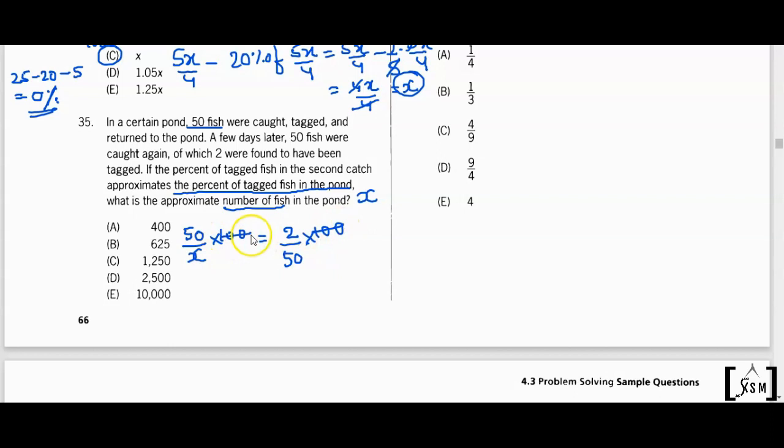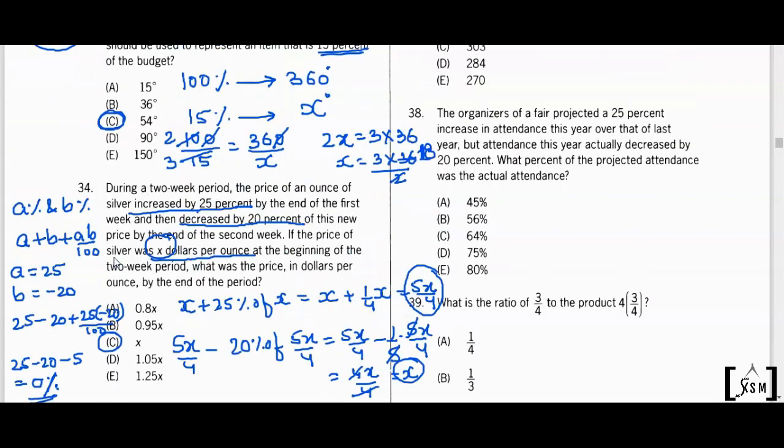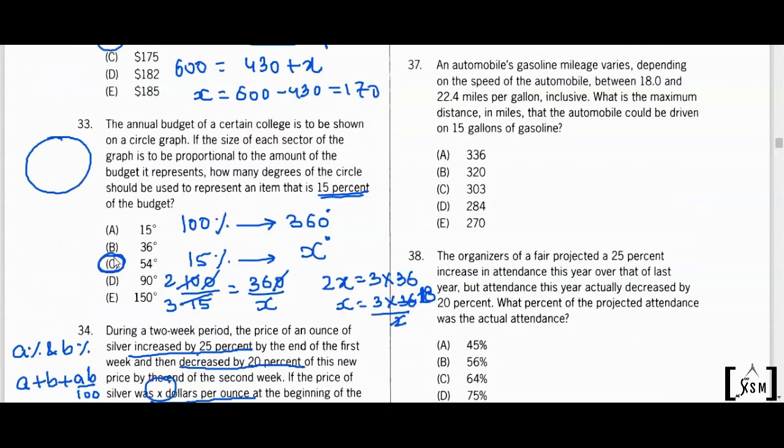So 100 gets cancelled, and we get 2x equal to 2500, x equal to 1250. We divided them. Option C should be the correct answer, right? Fine. Let's move on to question number 36.